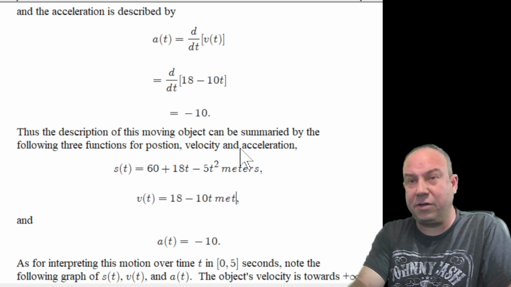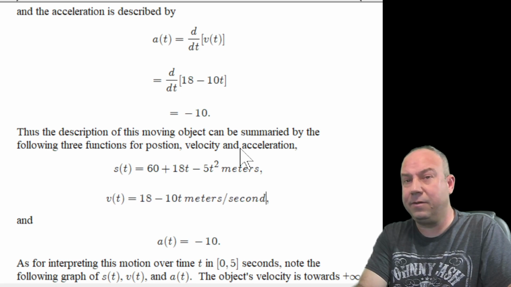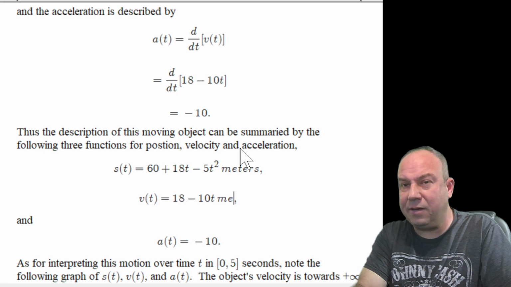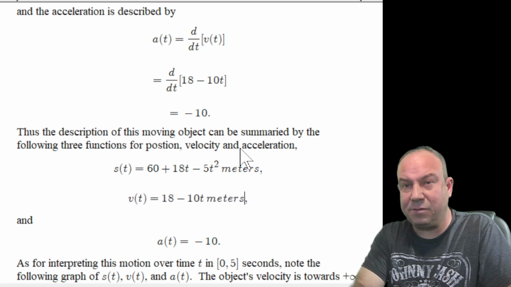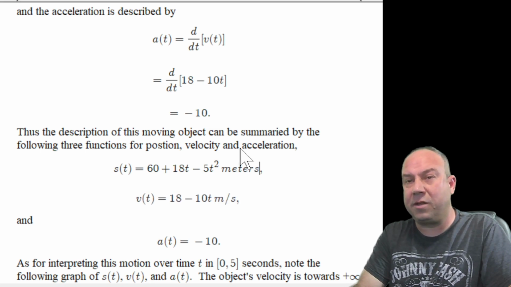This is going to be measured in meters per second. We can abbreviate. We can say meters per second. And we can go up to this one and we can say meters.